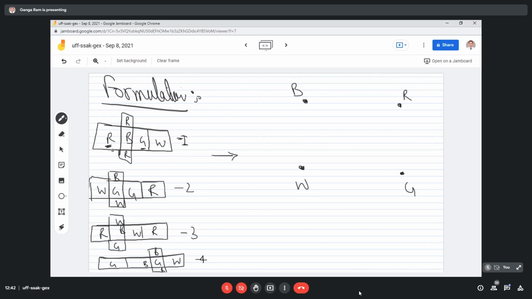So it means red and green are opposite. I am talking about the first cube. So R is opposite to this, so I will label this edge as 1.